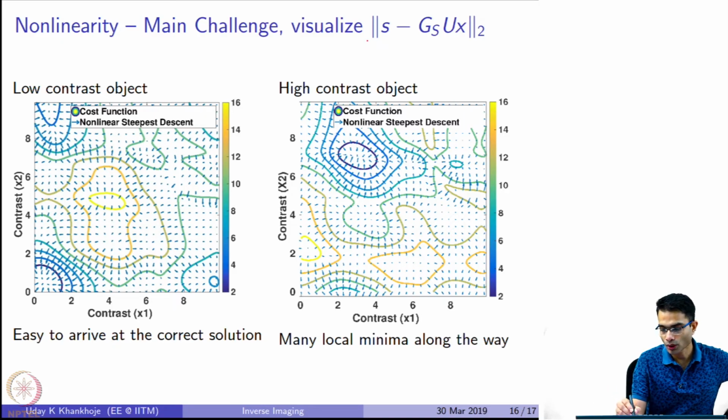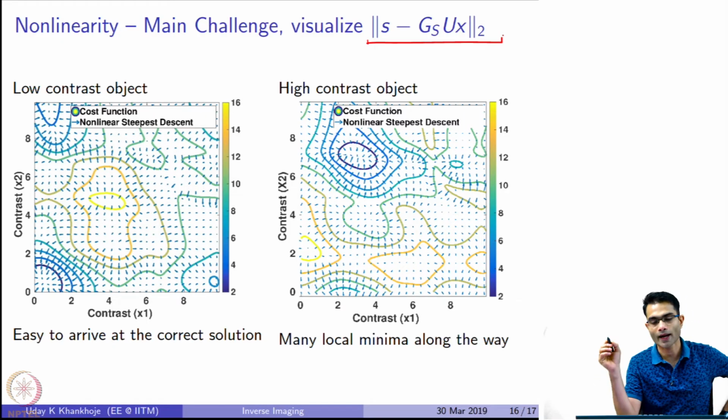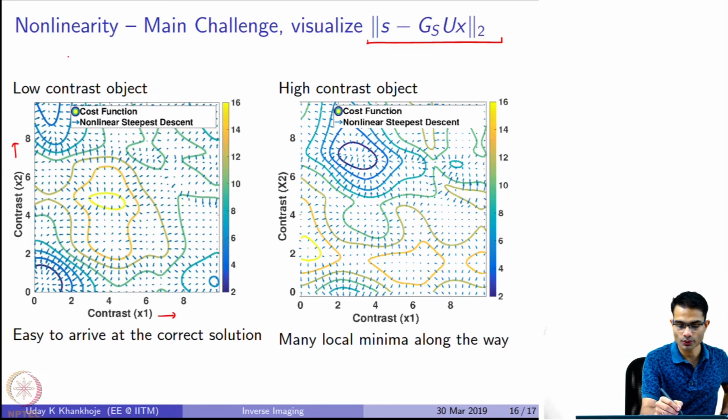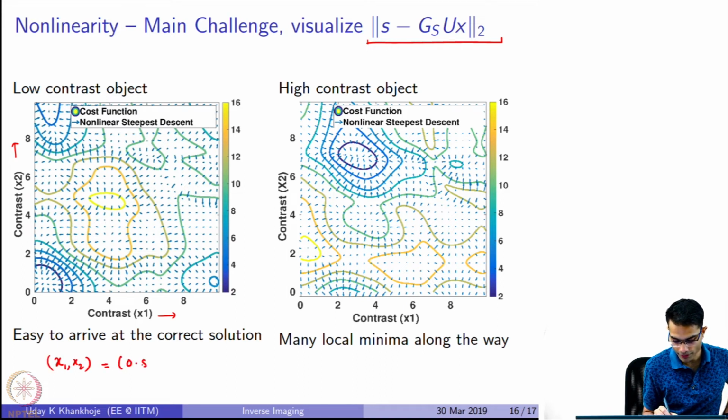So what I am plotting is the value of this objective function s minus gsux. What are my axes? x1, x2. Let's first look at the left hand side. This is a low contrast problem where the true solution is x1, x2 equal to 0.5, 0.5.